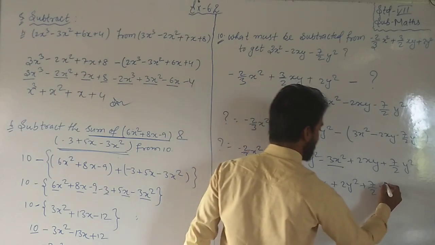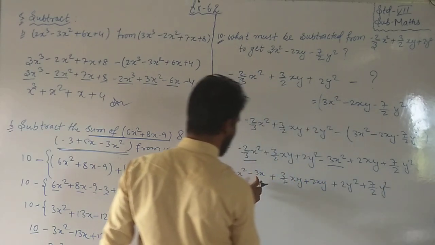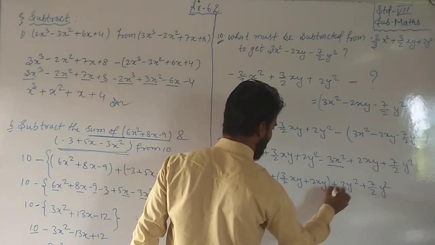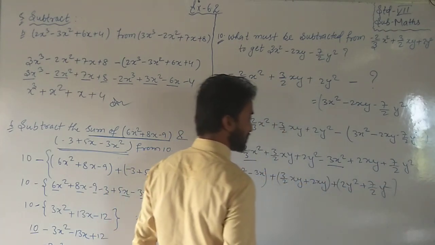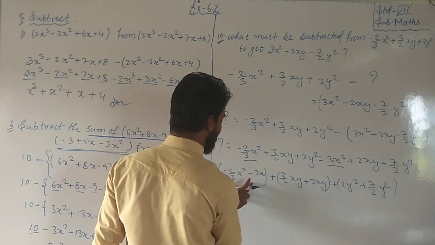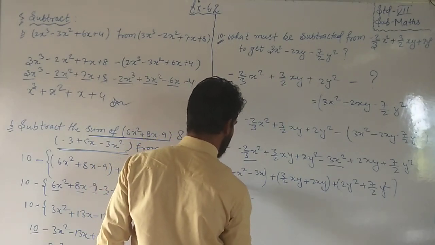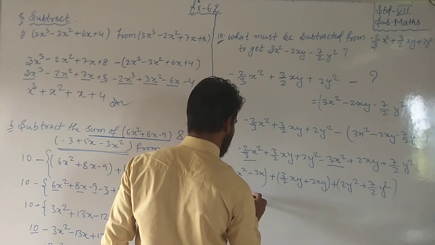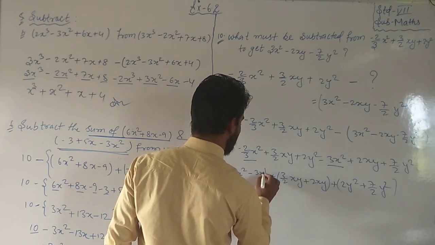Simply students, we can find the LCM. Suppose this is one term, this is one term, and this is one term. So now it will be easy to find the calculation. So we will take LCM 3: minus 2x square minus 9x square.